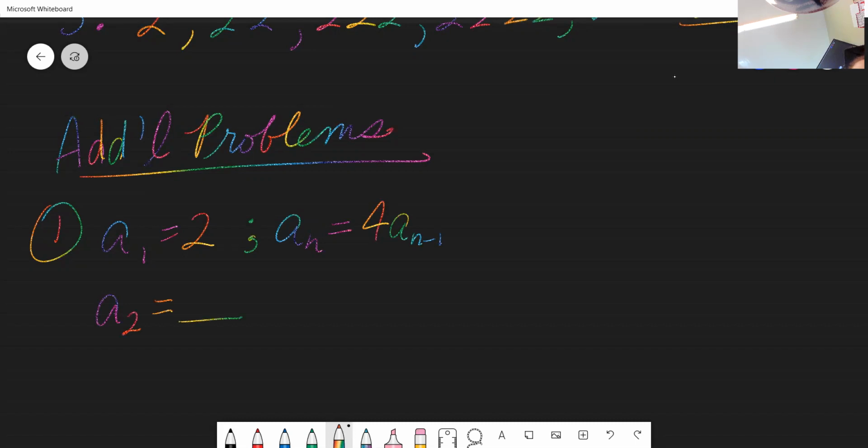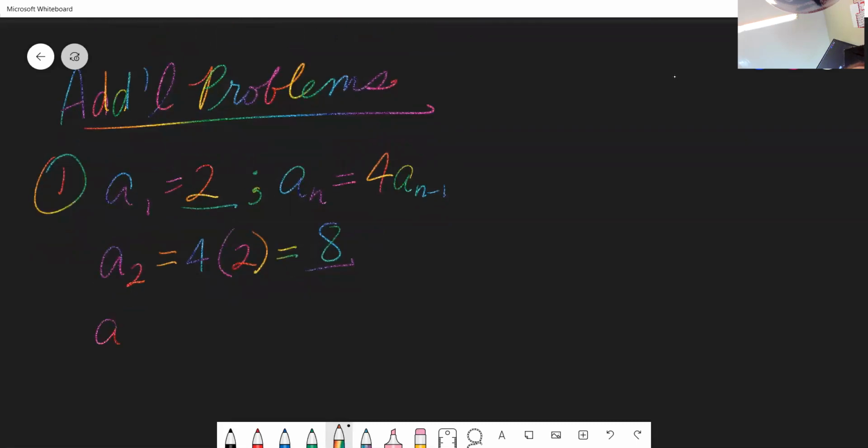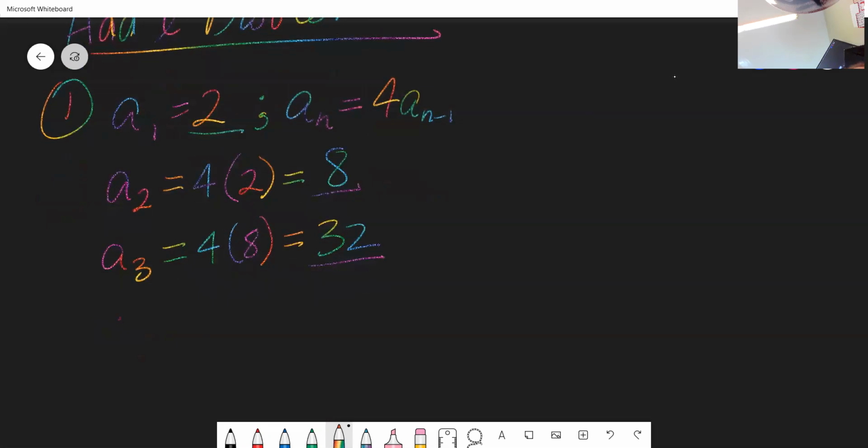What's my term at position 2? They've already given us 1. Hmm? 8. So it is 4 times the term at position 1, which is 8. All right, and then the term at position 3 is 4 times 8. We're using recursive. 32. Yeah, escalating quickly. All right, so the term at position 4.